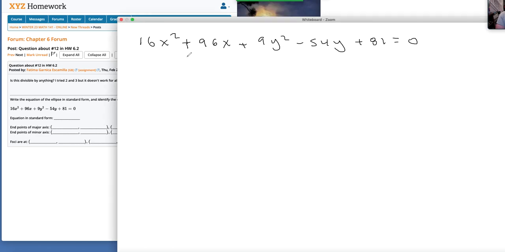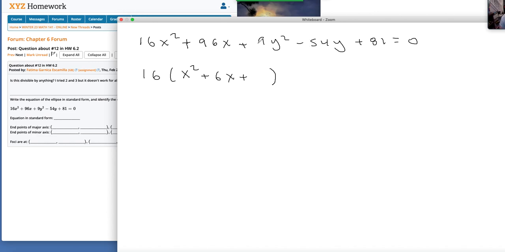Go back to there. Okay, so I'm going to take 16 out of these terms involving x. So that will leave me an x squared, and that's what I'm trying to get, a plain x squared in there. 16 goes into that 6 times. And then I'm going to go plus, and I'm going to leave myself some space there so that I don't have to rewrite all this, because I'm going to complete the square on this next step. Same deal here.